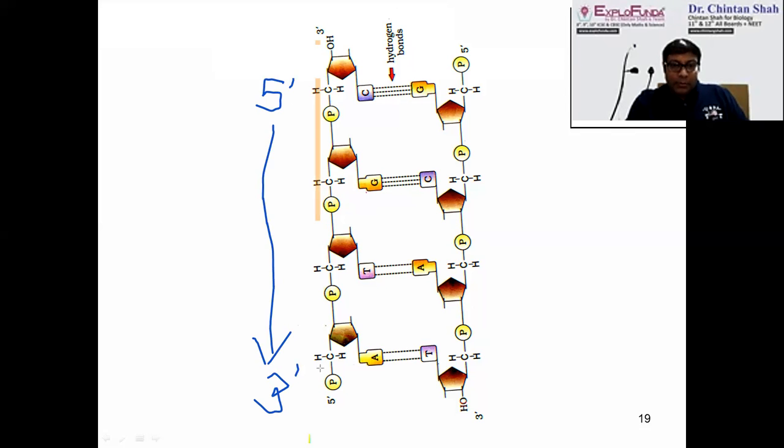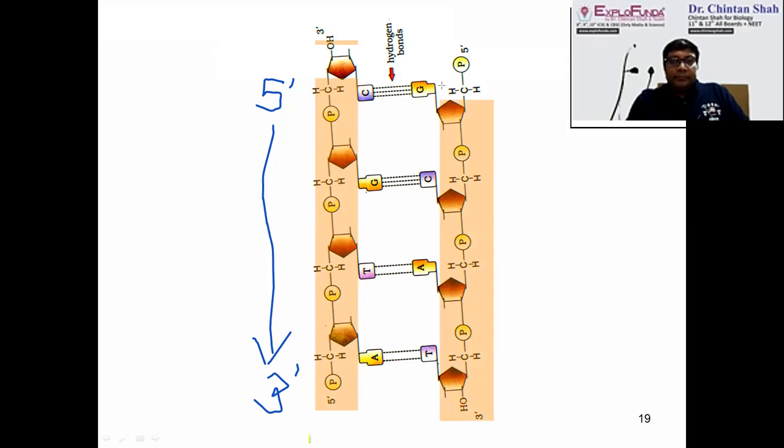So this is the sugar and phosphate backbone. On this side also, I can tell you about the sugar and phosphate backbone. Do you agree with me? Yes. And that is just acting as the supports of the ladder.